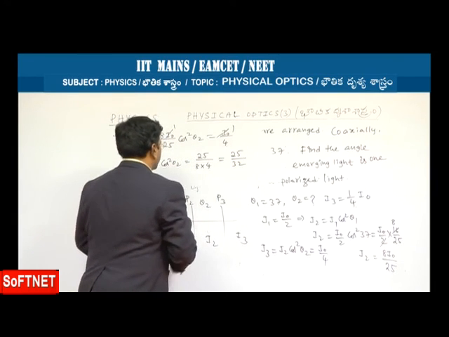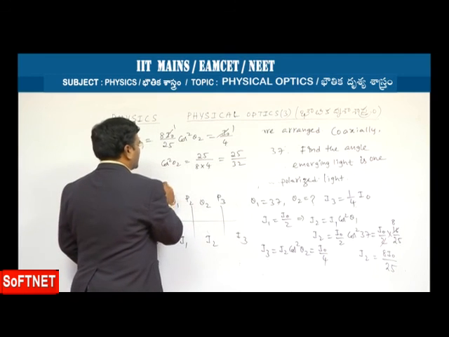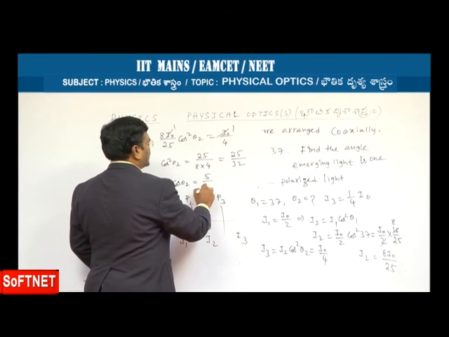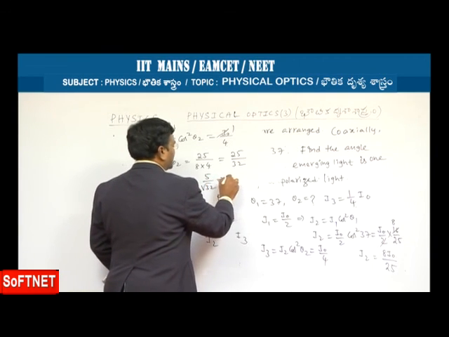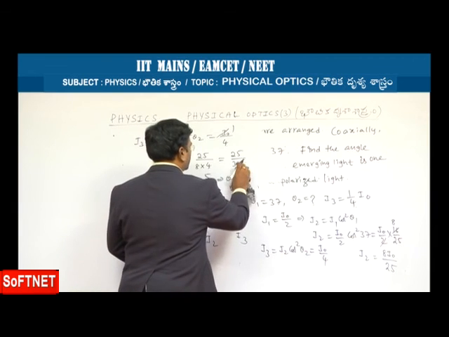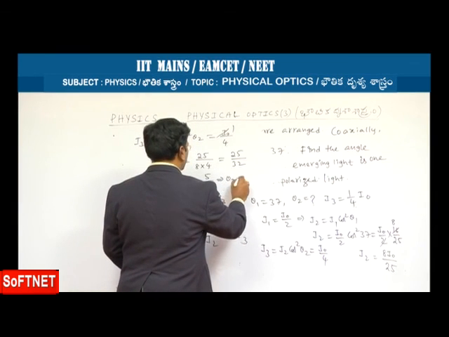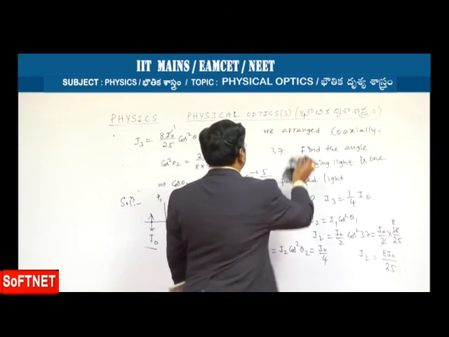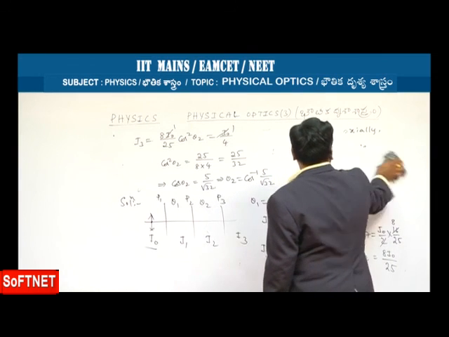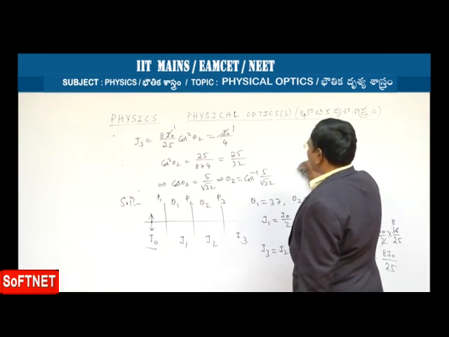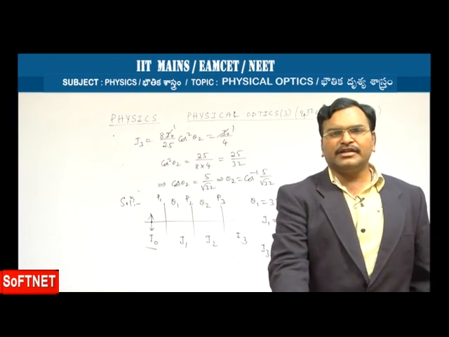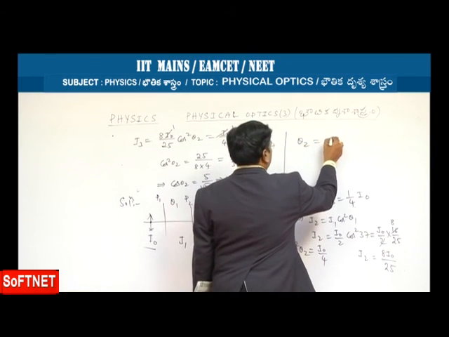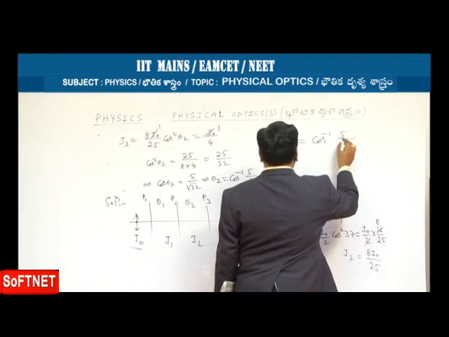Now we take the square root on both sides. Cos θ2 is equal to 5 by root 32. So θ2 is equal to cos inverse 5 by root 32.